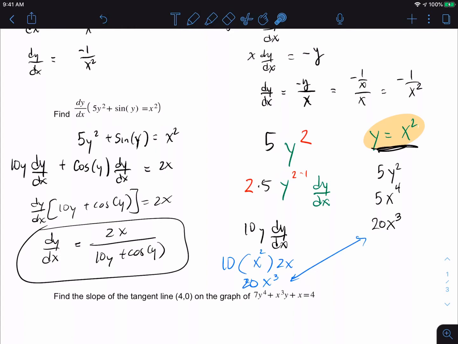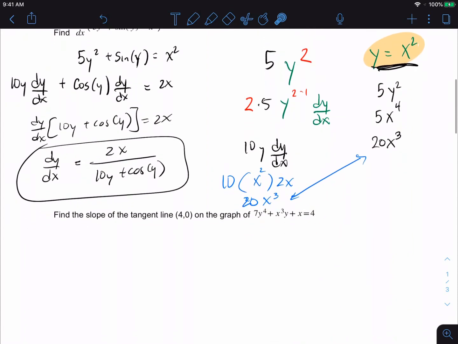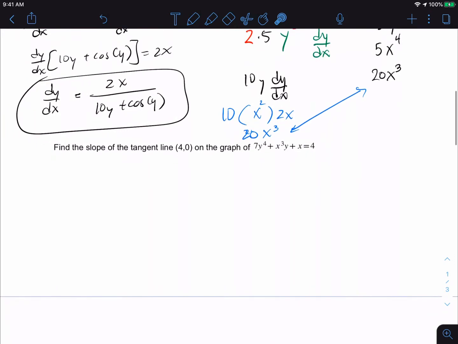You want me to do another example? Yes, please. All right. So now in this example, we're doing something pretty interesting. I'm actually giving you a point, so I'm giving you an x and a y. We're going to be able to find the specific derivative value of this problem, because it's saying find the slope of the tangent line at this specific point.